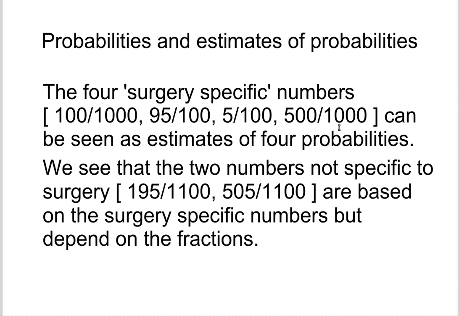Again, I don't want to overload you with too many notions just yet. But for now, we can see that the numbers that were not specific to surgery are based on the surgery-specific numbers, but then depend on the fractions that are specific to the study at hand.